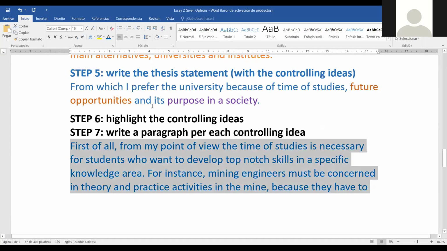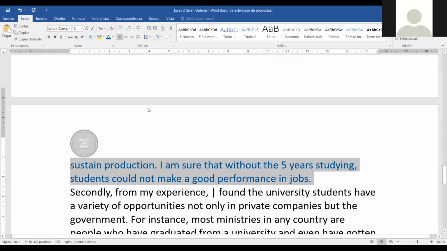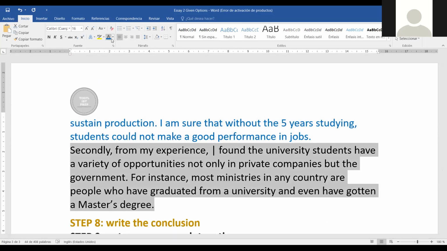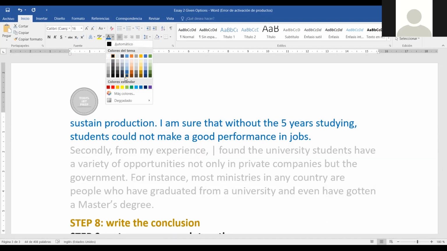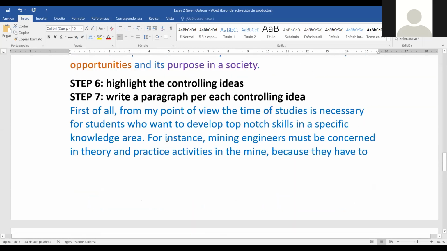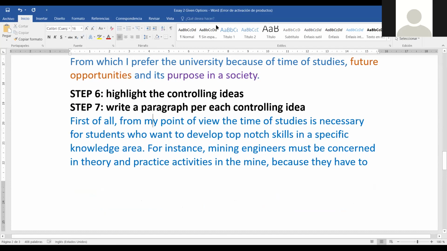Then the second is a little bit reddish. I think it's this one. Okay, Luis, can you please read the first paragraph, please?